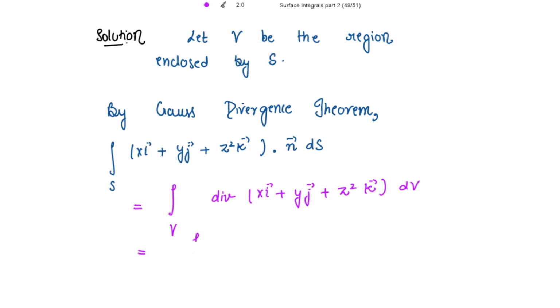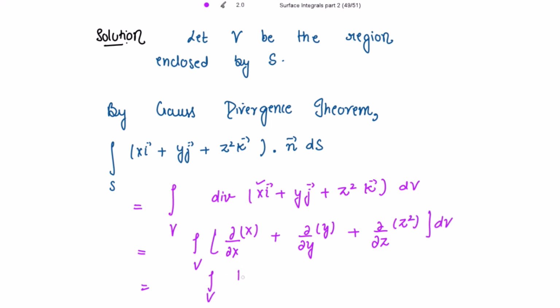That is equal to the volume integral of the divergence of this vector, which is the partial derivative of the first component with respect to x, plus the partial derivative of the second component with respect to y, plus the partial derivative of the third component with respect to z.